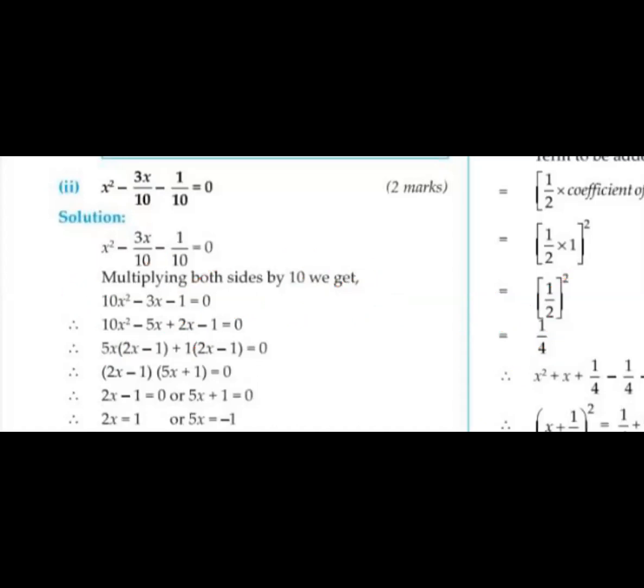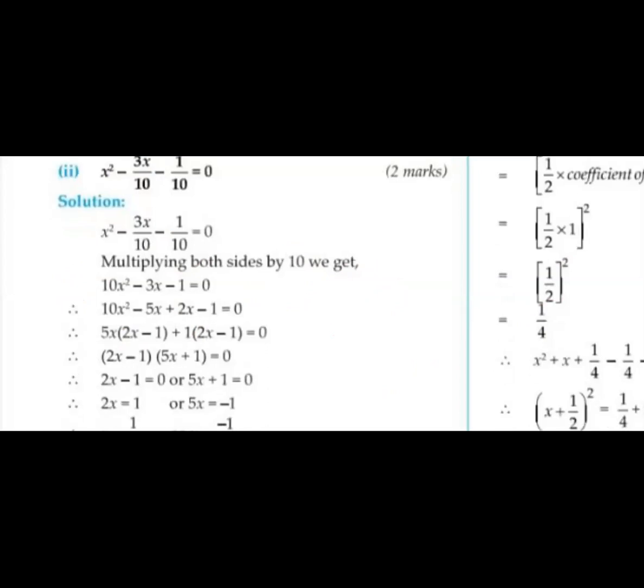So what to do? Take 10 as the LCM. Multiply both sides by 10, so we'll get 10x square minus 3x minus 1 equals to 0. So this is your complete equation, my dear.